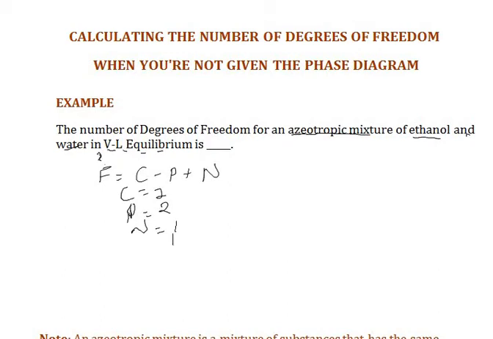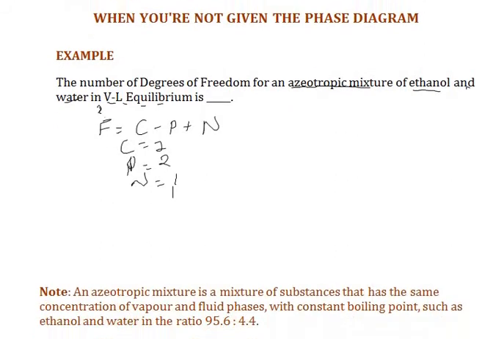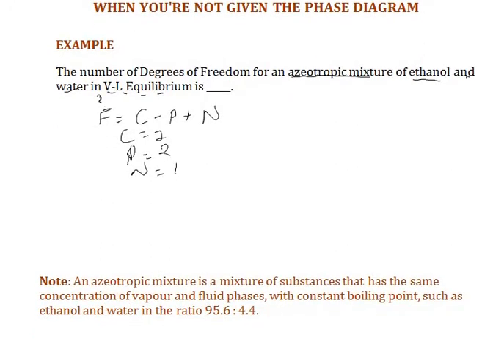And we're given additional information in case we've forgotten what an azeotropic mixture is. So note that an azeotropic mixture is a mixture of substances that has the same concentration of vapor and fluid phases with constant boiling points, such as ethanol and water in the ratio 95.6 to 4.4.